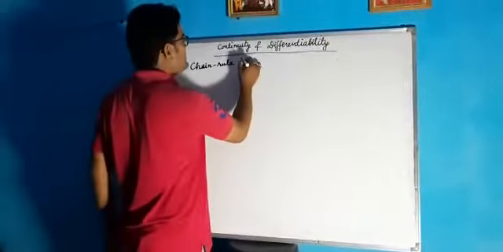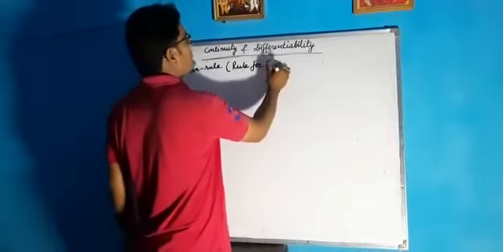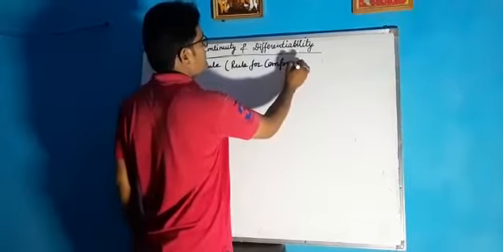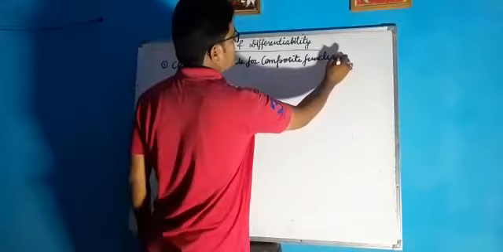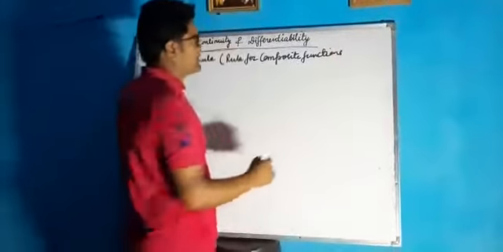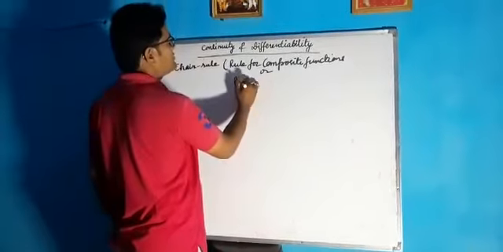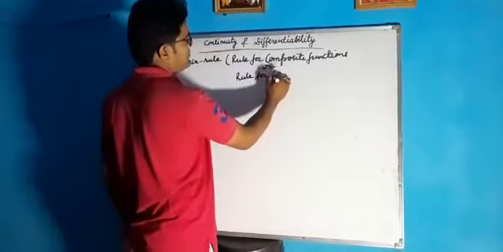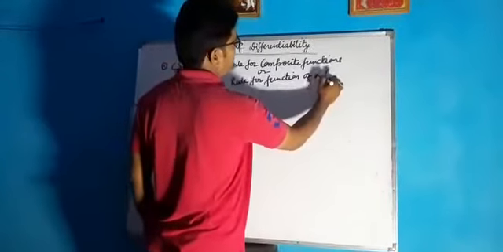Chain rule is also known as the rule for composite functions. You have studied composite functions in the relations and functions chapter. It is also known as the rule for function of a function.